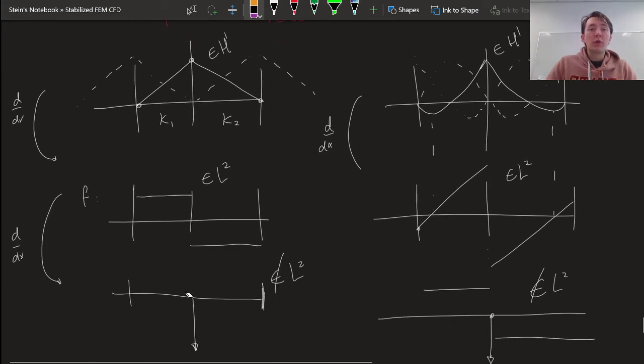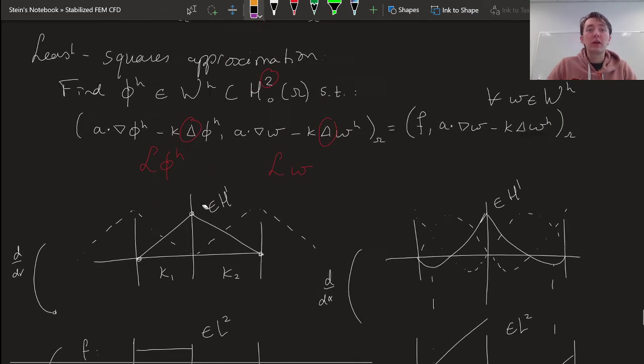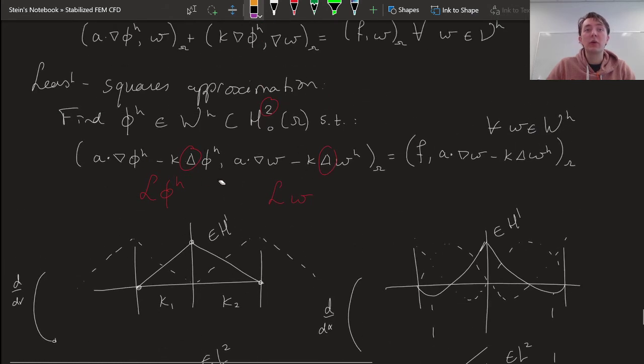Now, the problem clearly occurs on the boundary. So what I might do is state this thing exclusively in the volume. Now, if I only make use of these formulations in the element interior, then clearly I'm forgetting about certain parts of my domain, and the result would be an ill-posed problem.